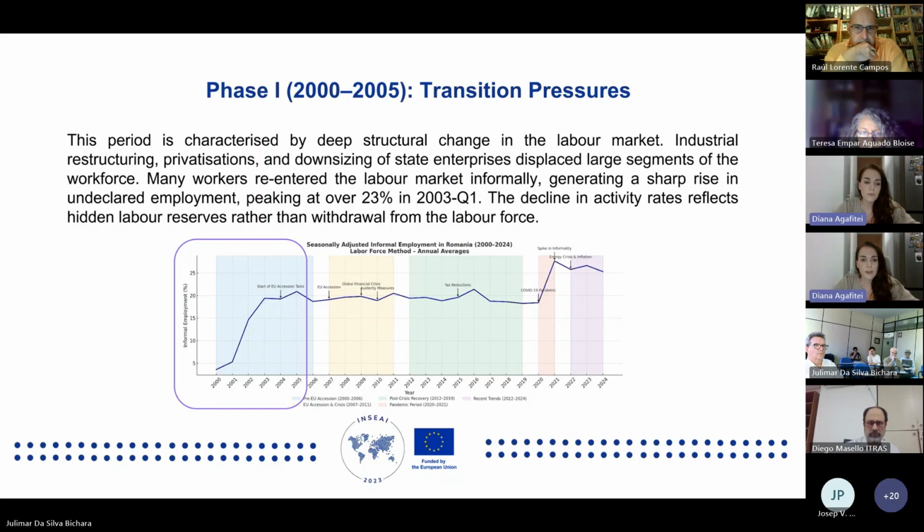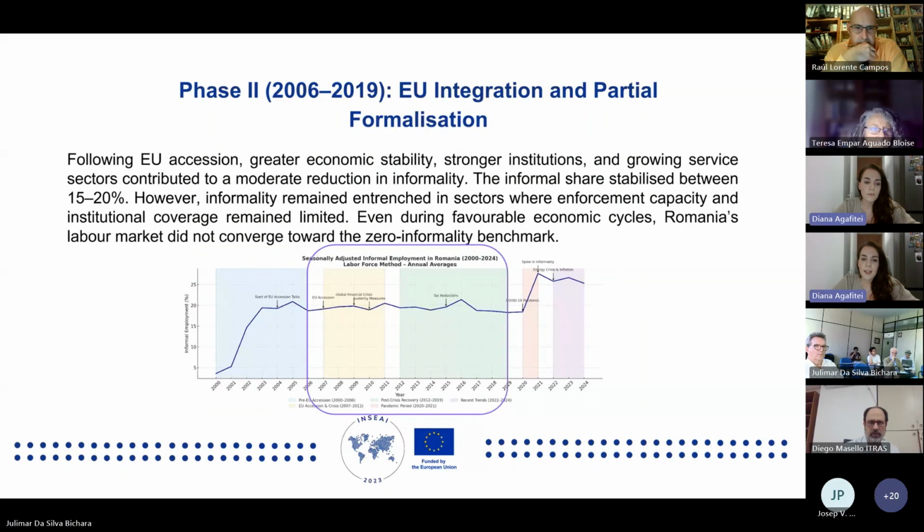In the next phase, somewhere between 2006 and 2019, first, it's worth mentioning that at the beginning of the period, Romania acceded to the European Union. So during this period, there have been some efforts to have stronger institutions.